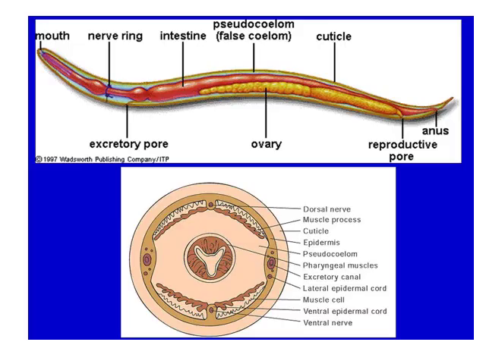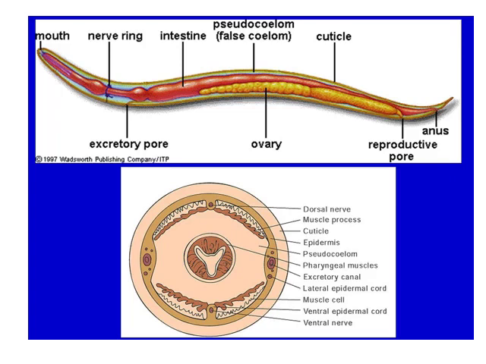Here you can see the pseudocoelom, with the animal's organs just lying in it: the mouth, nerve ring, intestine, ovaries, reproductive pores, anus, excretory pores.